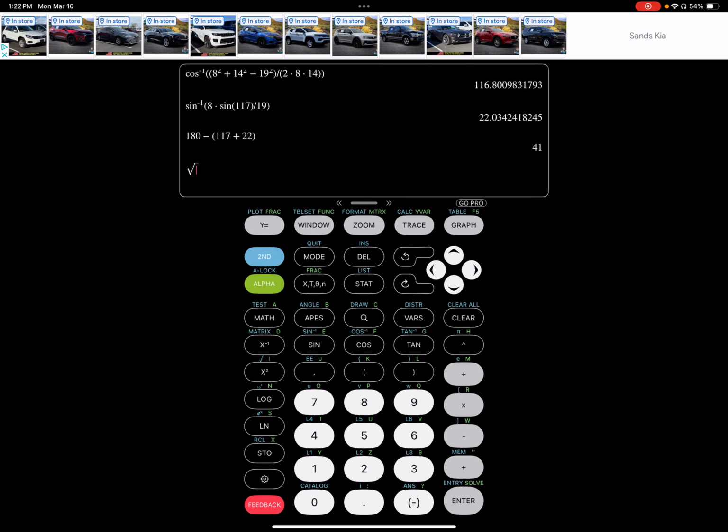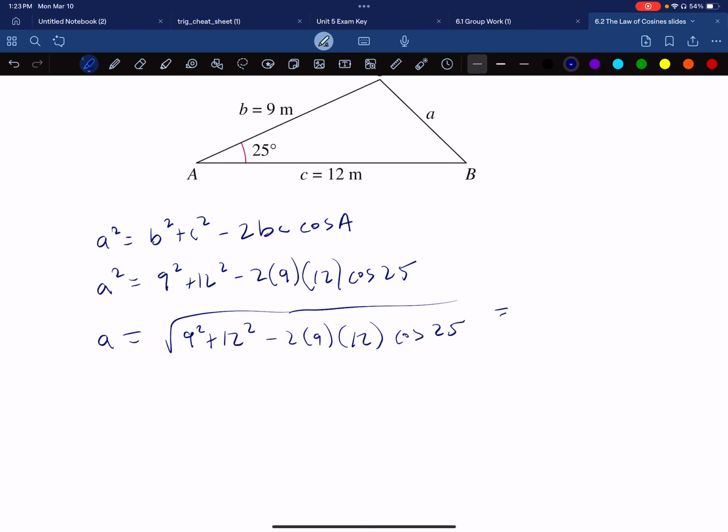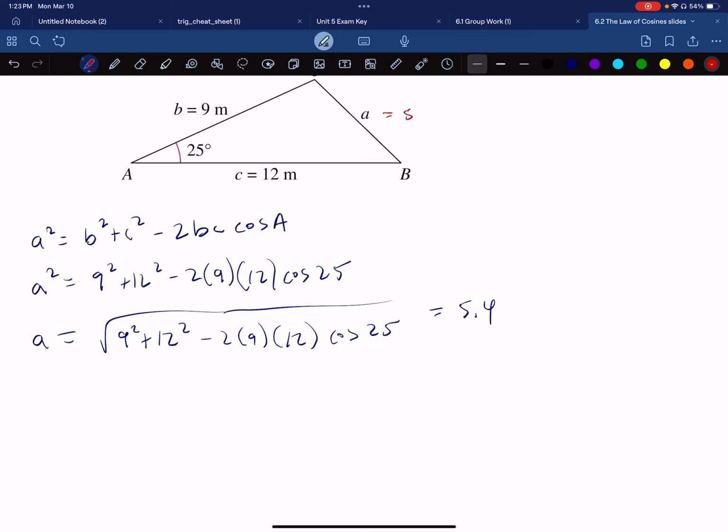So square root 9 squared plus 12 squared minus 2 times 9 times 12 times cosine of 25. And we go ahead and we get 5.4. So I'm just going to do this to the nearest tenth. So this side is 5.4 meters.